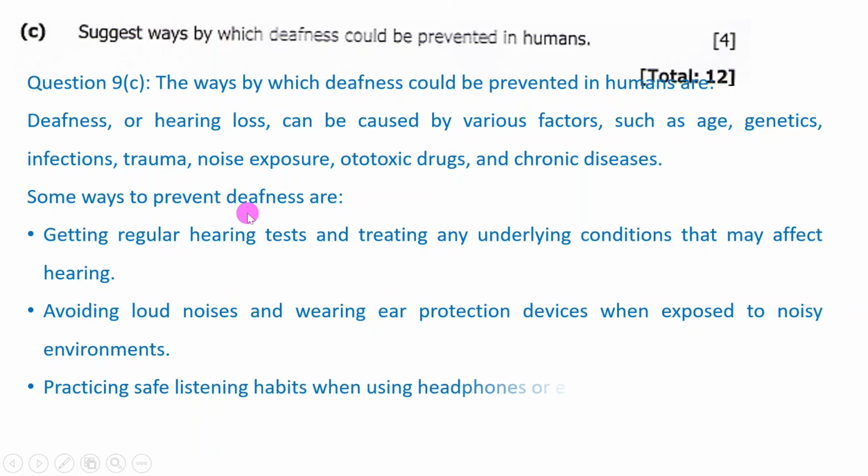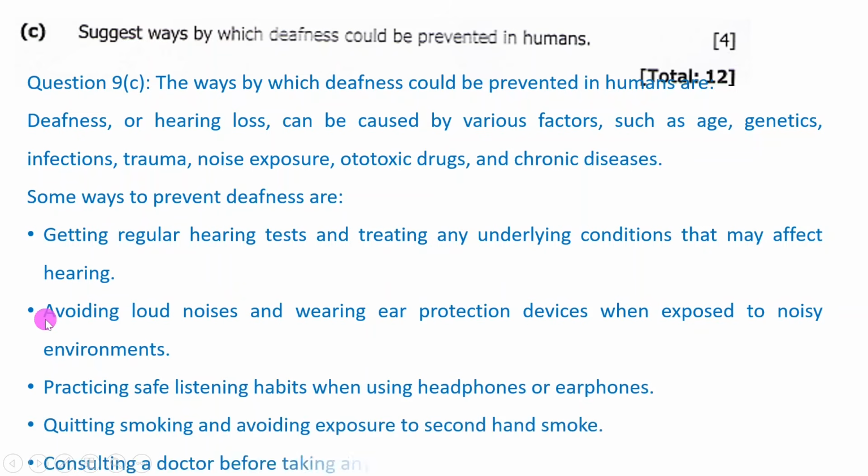Some ways to prevent deafness are, so also here we need to avoid points. Sorry, I forgot, so let me just correct this.